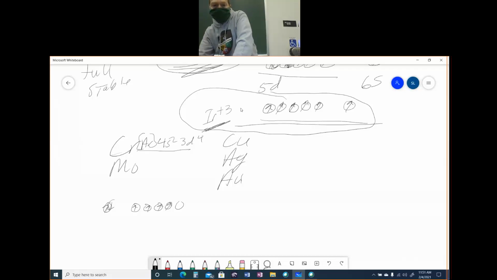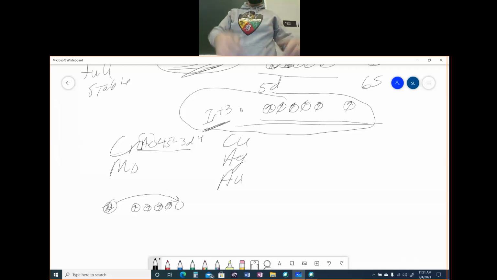So this electron sees an empty seat back here and would rather be there than paired up over here. Again, that's not something that you would predict, but it is a high possibility. Then you go and do your experiments, and for chromium and molybdenum, that came to be true.